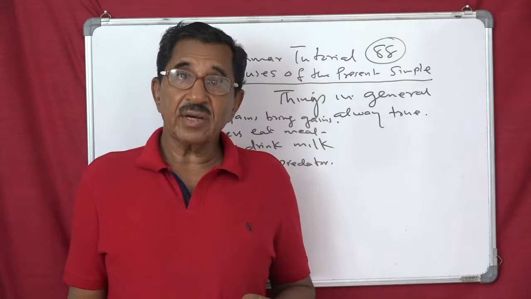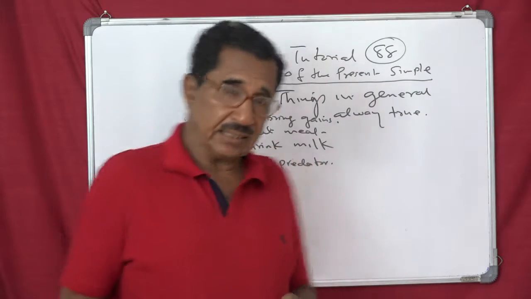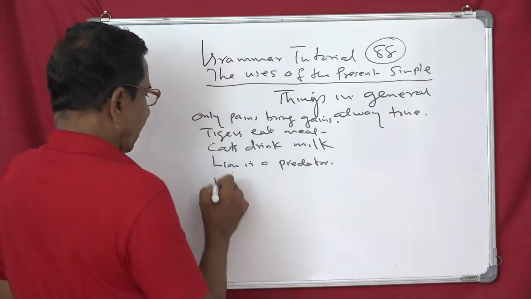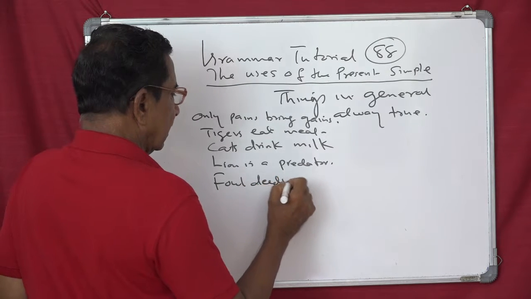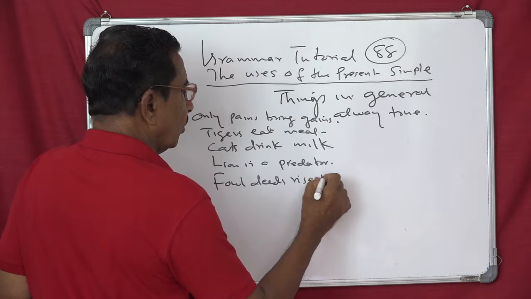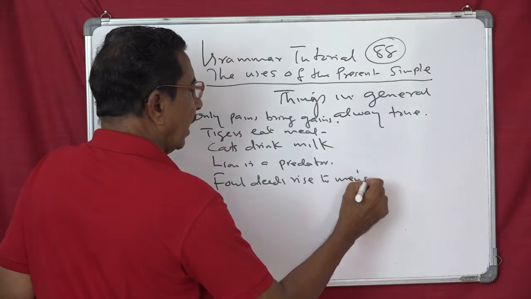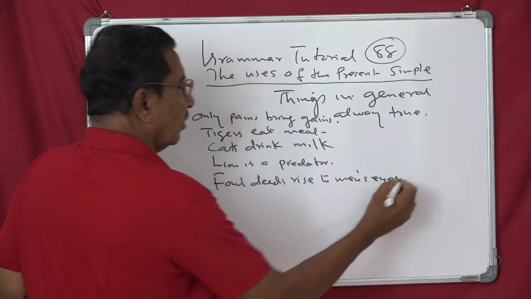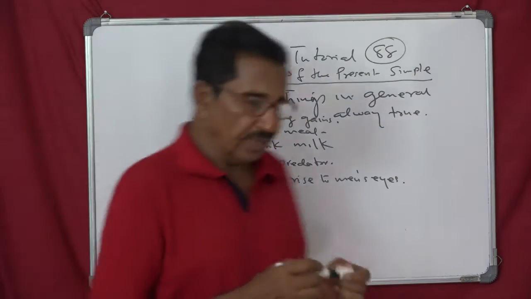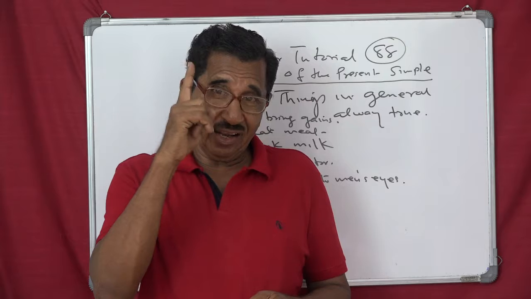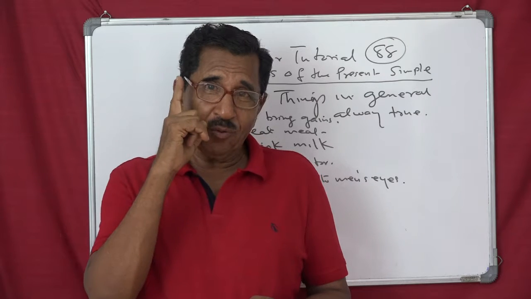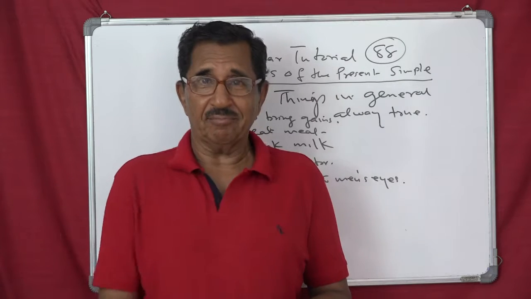Right. Foul deeds rise to men's eyes. Whatever you do, foul deeds rise to men's eyes. You know, that is a rewording of a quotation in Hamlet. Foul deeds will rise to men's eyes, though all the earth overwhelm them.